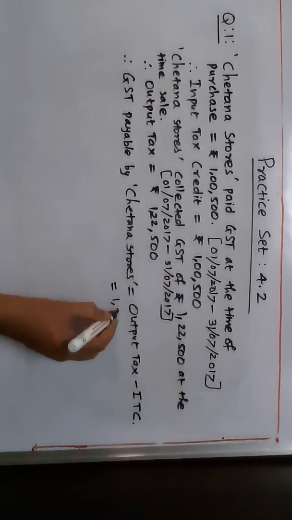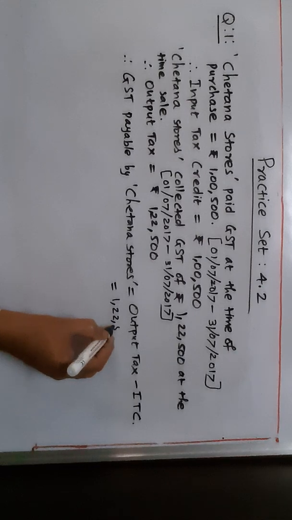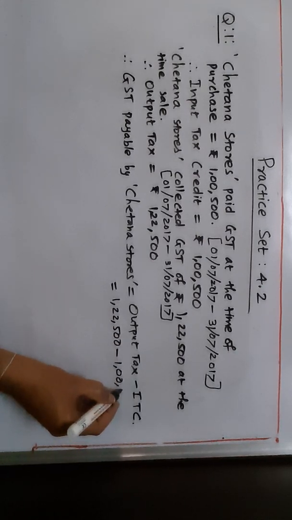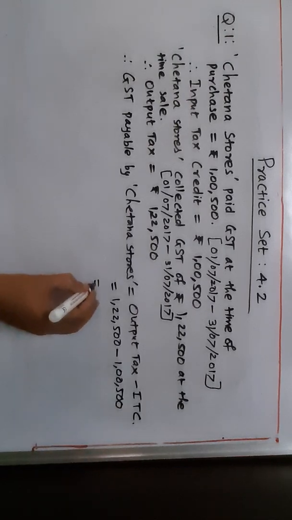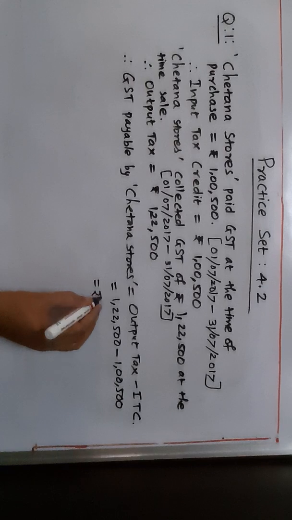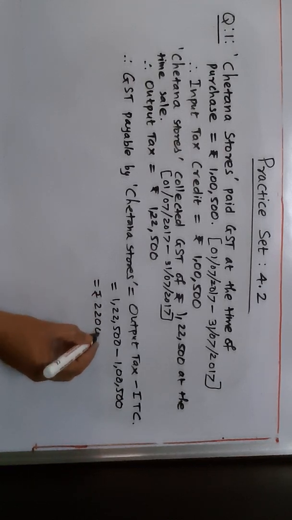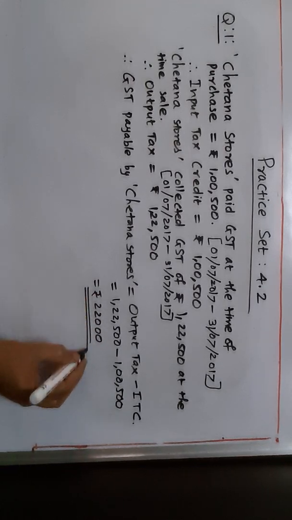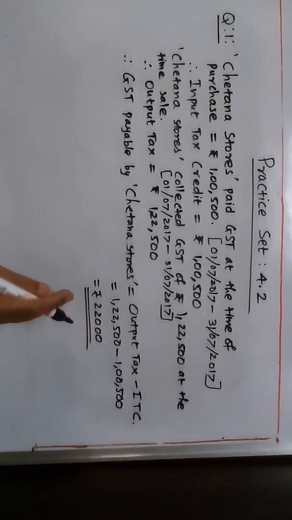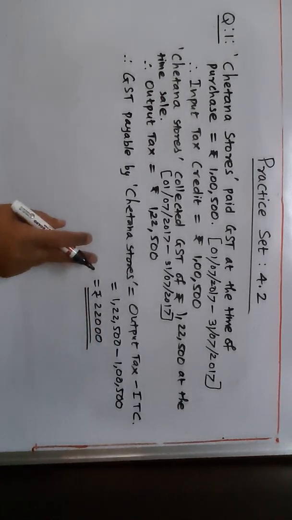So output tax is always more, 1,22,500, and input tax is 1,05,000. Now the difference between them, 17,500 rupees, is the GST payable, and then CGST and SGST will be half of this, each. This is the first sum.